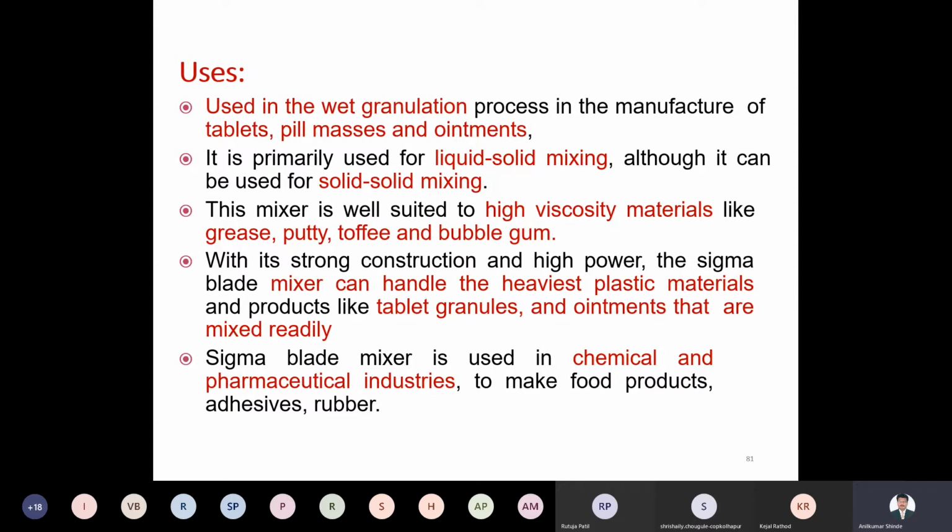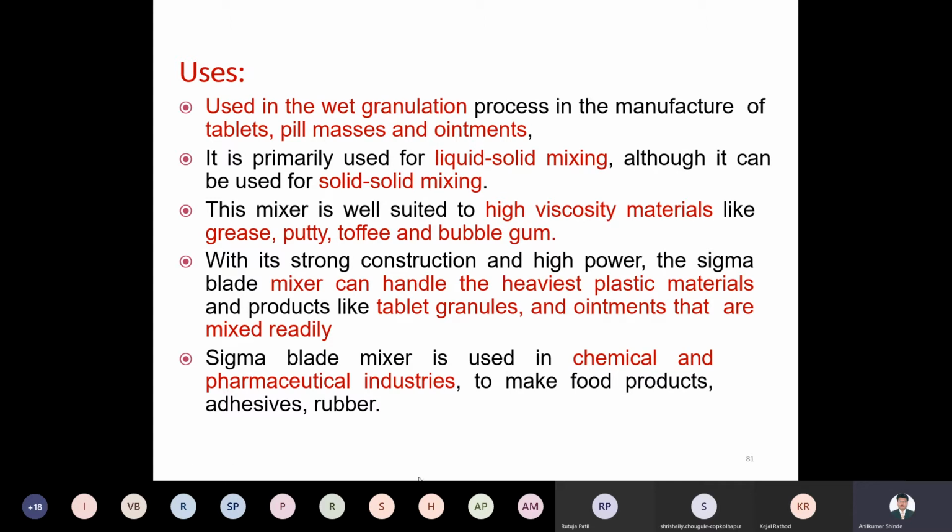Then we can compress them with the compression machine to prepare tablets. Wet granulation involves the active content as well as non-active excipients. The drug is mixed with the non-active excipients; we can add the binder, disintegrating agents, lubricating agents, and all this material. The drug has to mix uniformly into the whole mixture, and that process is called wet granulation. It is particularly semi-solid mixing. So we can use the sigma blade mixer for the same purpose.